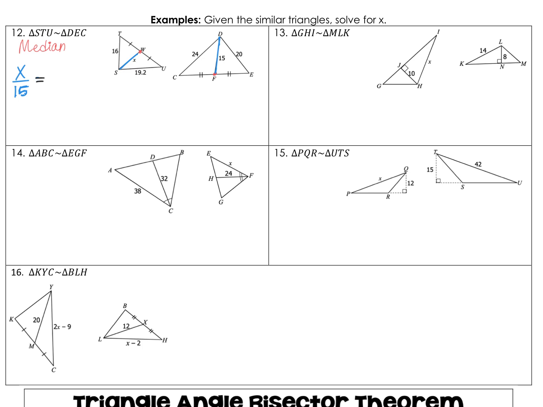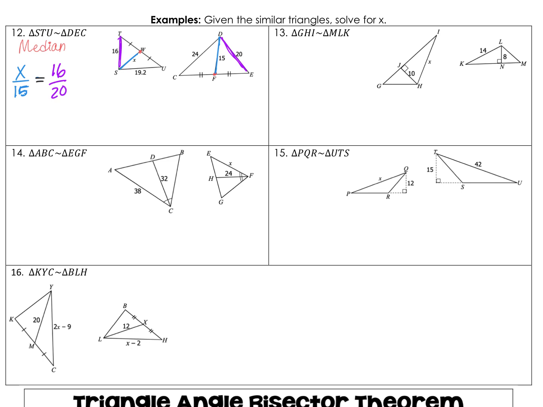If I now choose a side that makes sense here, does it say which one to solve for? No, so you just get to pick one. Let's see, if I choose 16, be careful which side goes with 16. It would have to be the 20 on the other triangle because 19.2 is the bigger side, and it's just been turned. So 16 over 20.